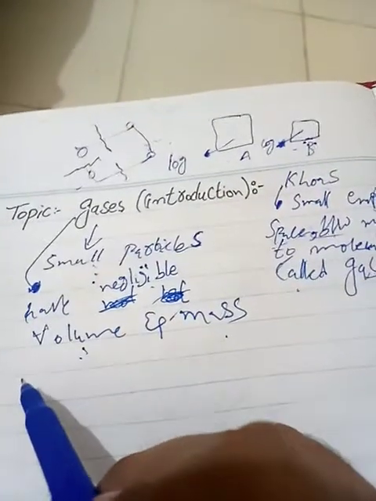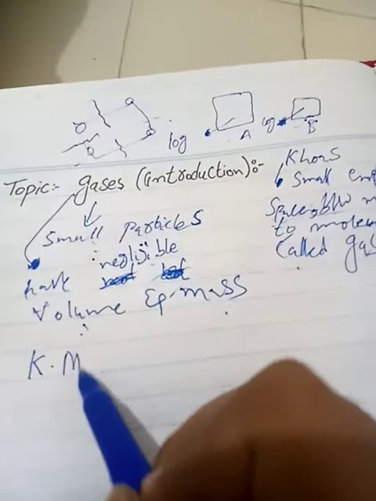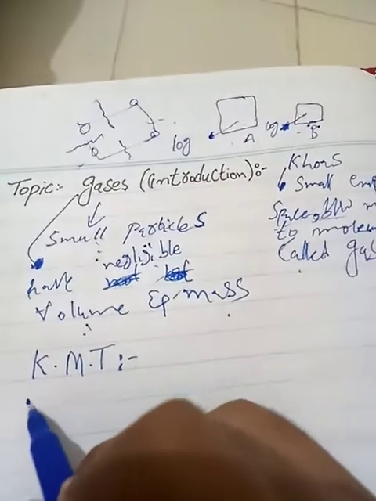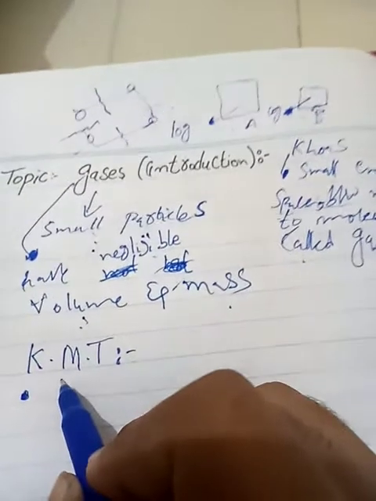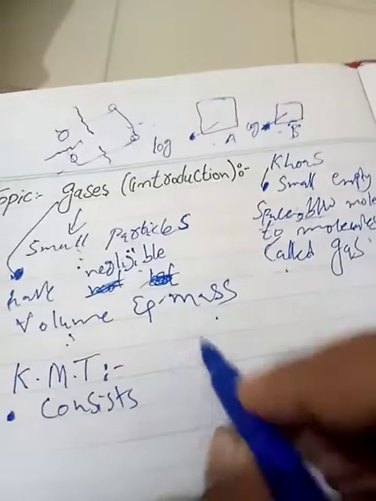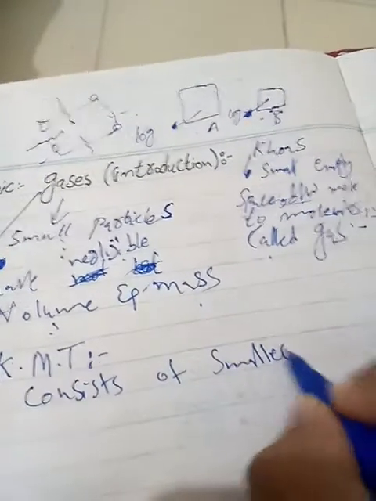Now let's look at gases on the basis of kinetic molecular theory. The first point of kinetic molecular theory says that gases consist of smaller particles.